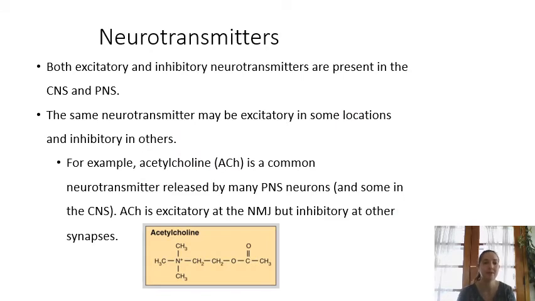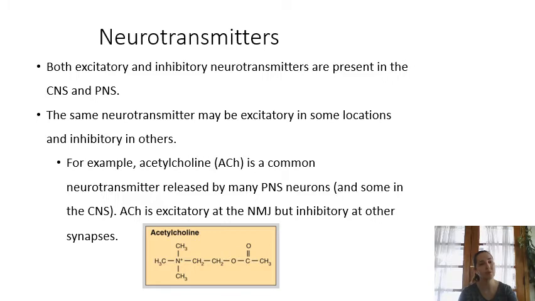Okay, so just a quick note on neurotransmitters. There are a few different types of them, right? We've talked about acetylcholine before and how acetylcholine is the main neurotransmitter of your somatic nervous system to get muscles to contract. But we've got a whole bunch of neurotransmitters. Some of them are excitatory, which means they perpetuate a signal, send that signal along.